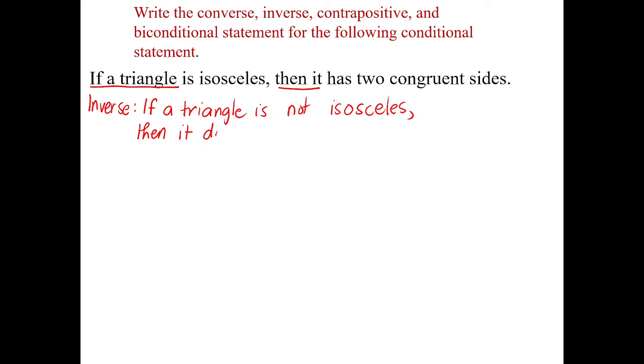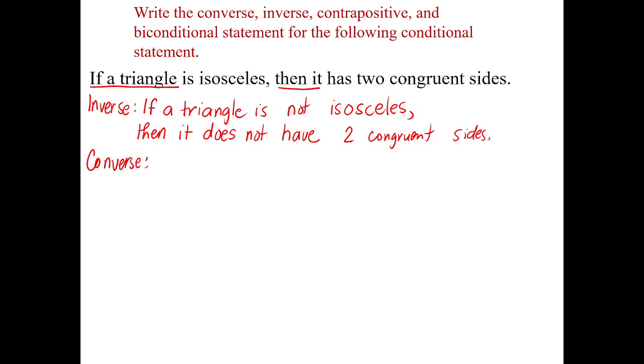Does not. Nya human unsa may plural form anang has? Okay, does not have. So mao ni atong timan-an basta has og have. Does not have two congruent sides. Okay, let's have the converse.